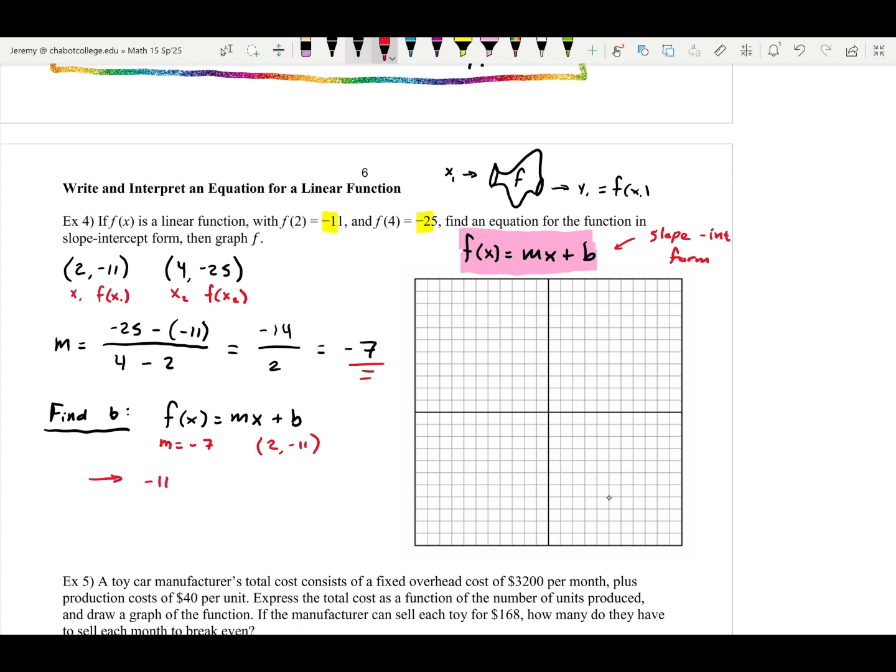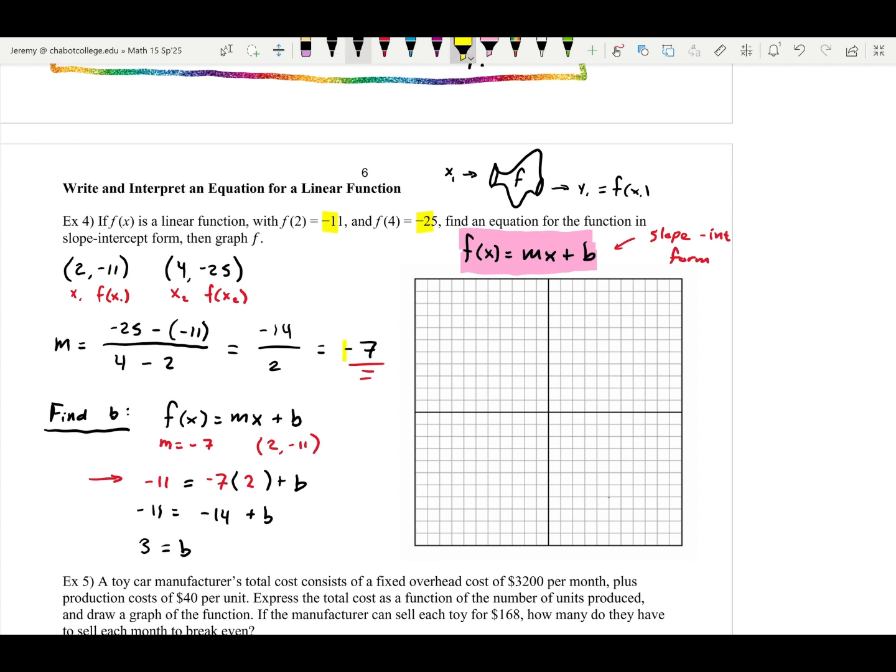I can put in negative 11 for f of x, negative 7 for m, and for x, that x coordinate 2, plus b. Now what I have is an equation with one unknown, so I can just solve for that b value. Let me simplify. Negative 11 is equal to negative 14 plus b. Add 14 to both sides, and I'm getting that 3 is equal to b.